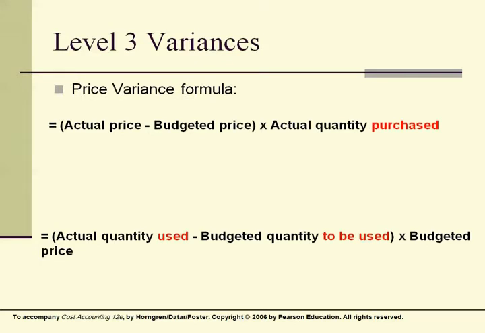Price variance formula: actual price minus budgeted price, multiplied by actual quantity purchased if you are talking about material. Efficiency variance formula: actual quantity used minus budgeted quantity to be used, multiplied by budgeted price.